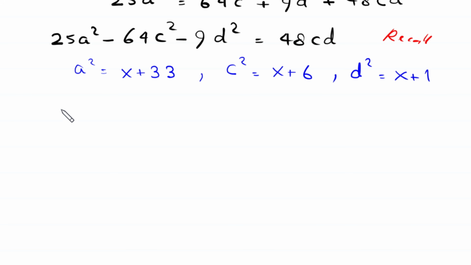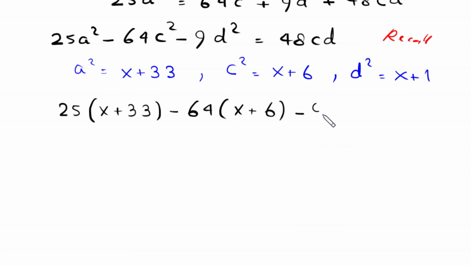So this will become 25 times x plus 33 minus 64 times x plus 6 minus 9 times x plus 1 equals 48 times cd.